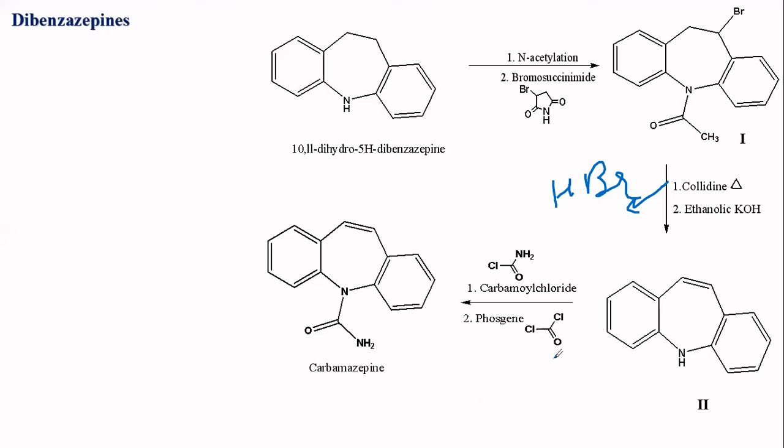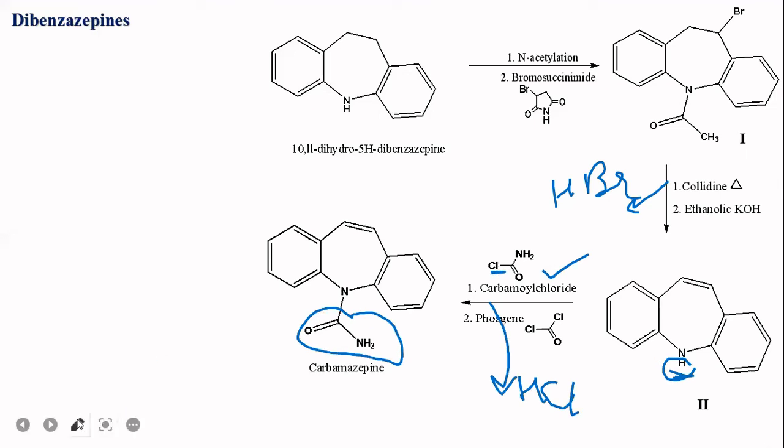Here there is the replacement of this hydrogen by this amide moiety. And what is the source from where it is coming? It is coming from this carbamoyl chloride, so that there will be the elimination of HCl, H from this and Cl from this. So there is the replacement of this hydrogen by C double bond O NH2.